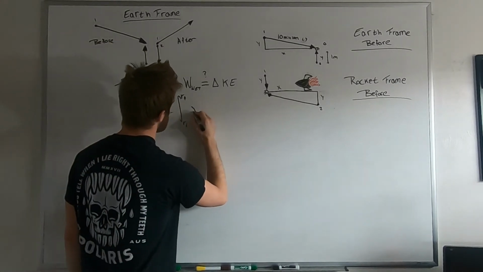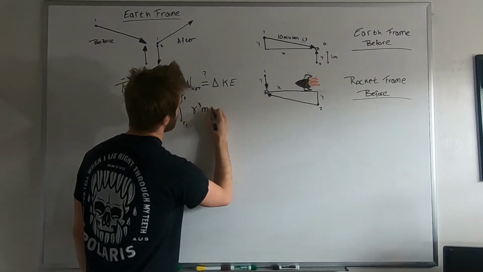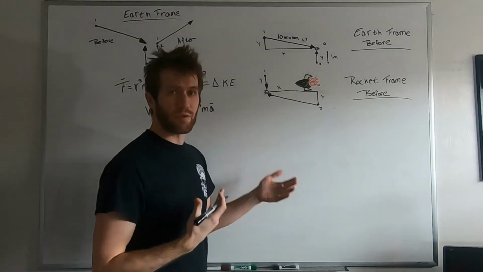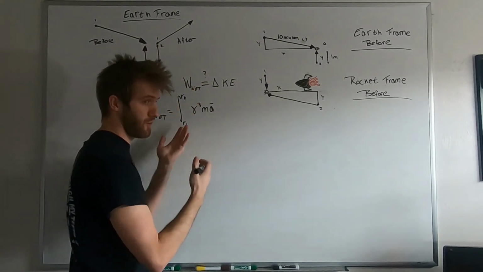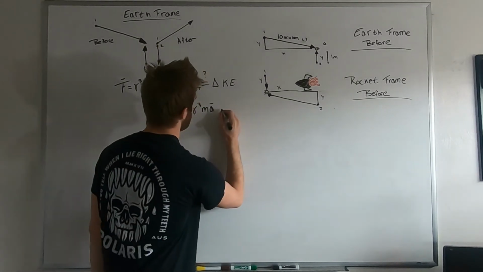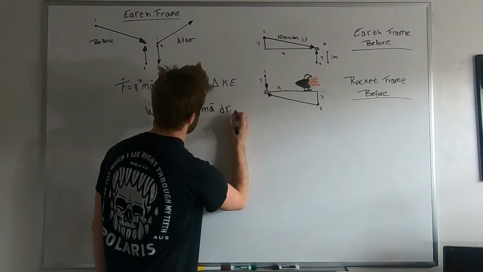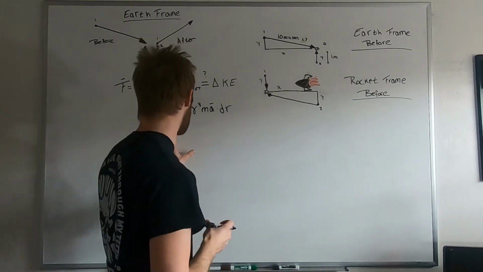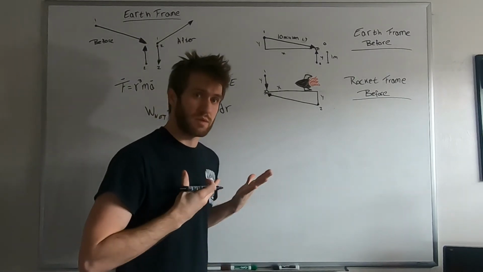So we're going to have gamma cubed m times a times dr, right? Which we're going to be dotting between, because obviously what we end up with is supposed to be a scalar, okay?